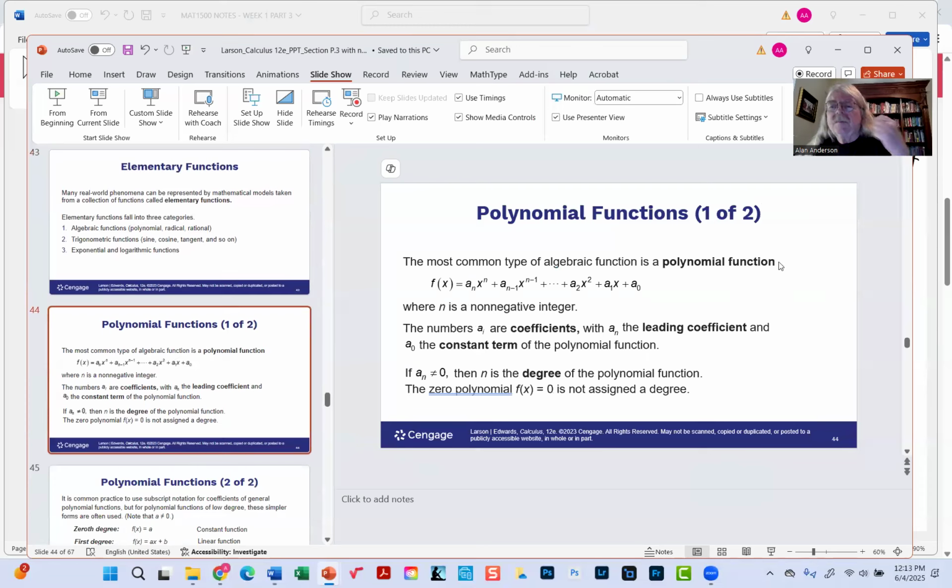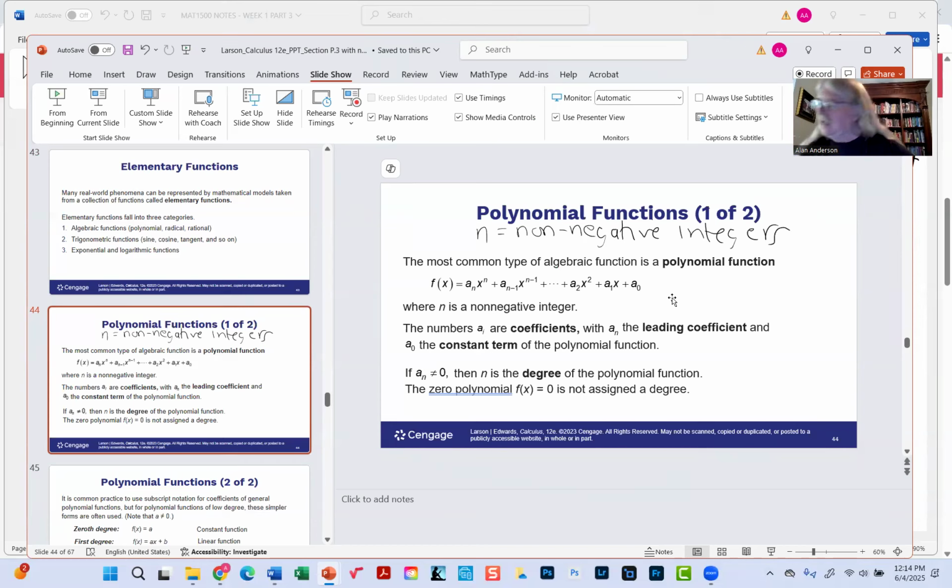So what they're going to do is remind us what a polynomial is all about. It's a very general expression. You have all these terms, and you notice that the exponents themselves, these n's, are required to be non-negative integers. And of course, we already know that non-negative means zero or positive, right? If any of these exponents are not integers or they're negative, then this does not qualify as a polynomial. It has to have only integers.